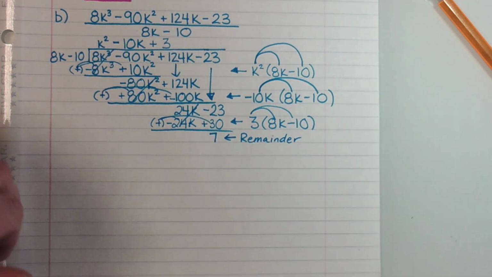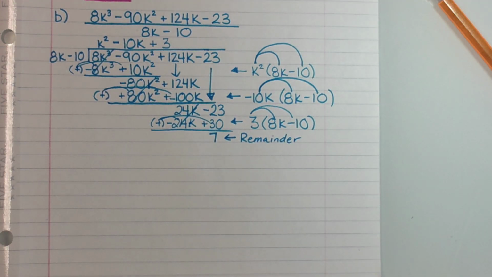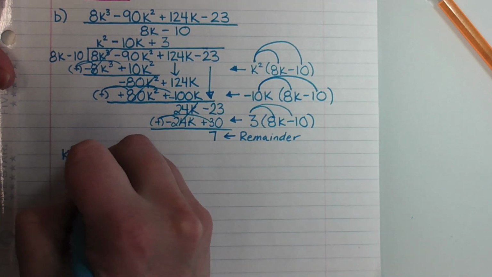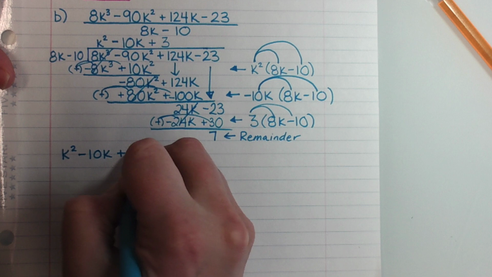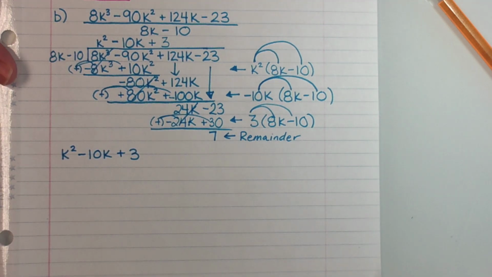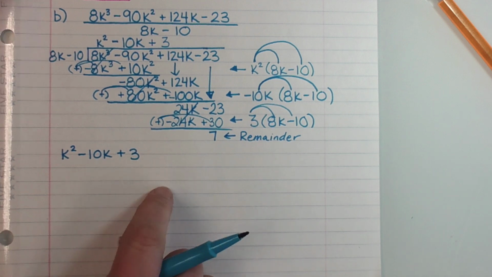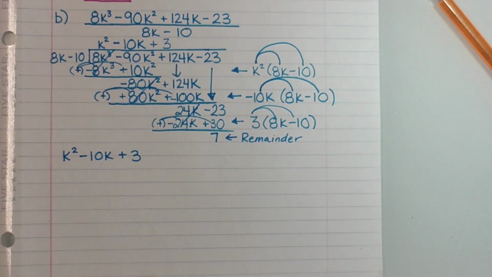How did we deal with a remainder when we had it in long division? We wrote a fraction. We do the same thing with polynomials. Our answer is k squared minus 10k plus 3. Now, with regular numbers, you just wrote the fraction directly after the number because that's how mixed numbers worked. If I had 5 1/2, I just write it like that.